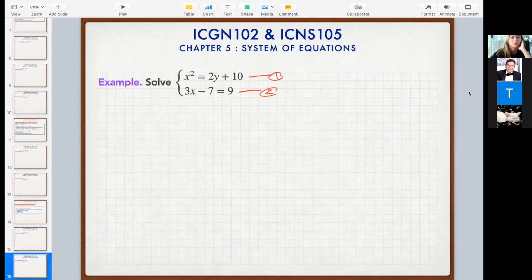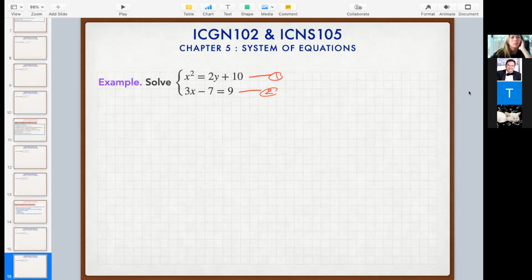When we have two equations like this, 1 and 2, from equation number 2 it is the easiest equation that we would like to use to eliminate or substitute one variable.